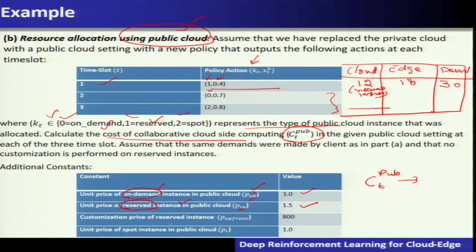The customization price of the reserved instance is 800, and the unit price of the spot instance is 1 unit. So you can see that the reserved, on demand and spot instances have different unit prices, as shown over here.